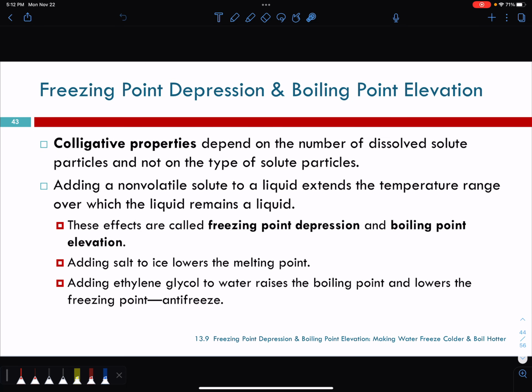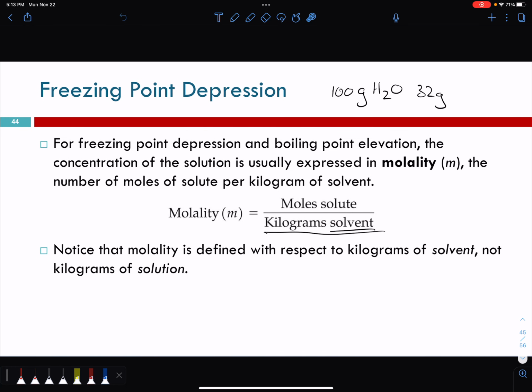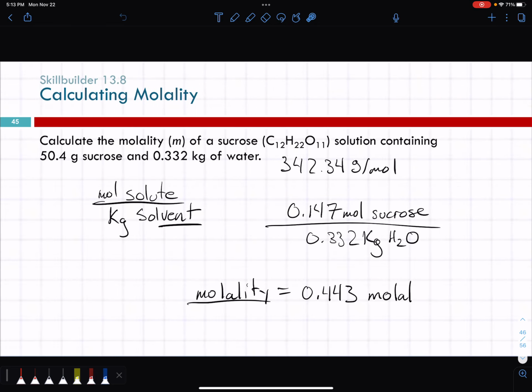So then we moved on and talked about freezing point depression, boiling point elevation, these colligative properties, where it doesn't matter what type of solute you have dissolved. It just matters how many solute particles you have dissolved in the solution. So we can calculate freezing point depression using molality with the L there, and then using molality and a constant.